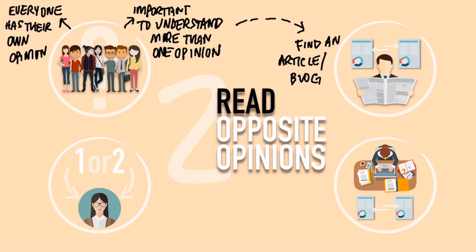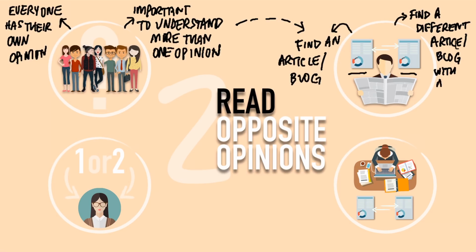Now, as you'll notice, there are two different articles here. The reason is because the next thing you need to do, so first was this, the next thing you need to do is find a different or another article or blog, but here's the key, with an opposite or an opposing opinion.